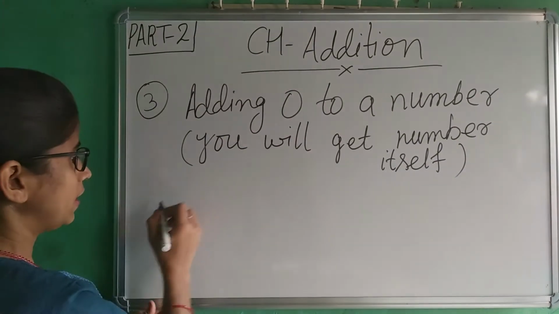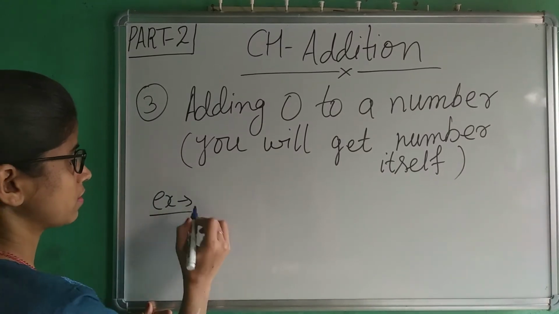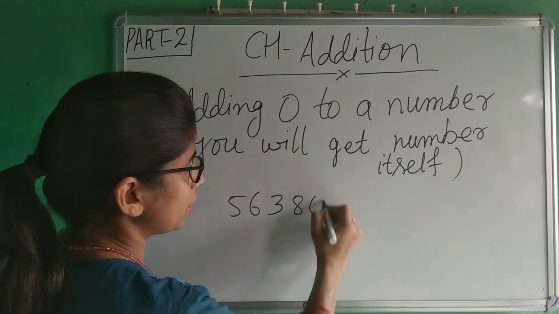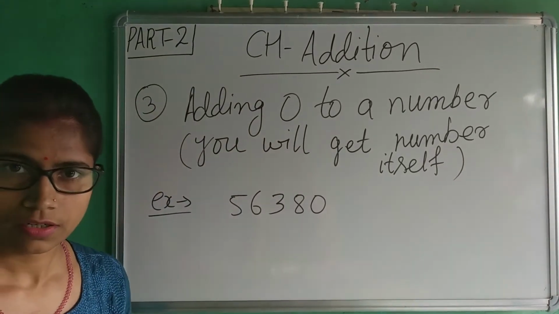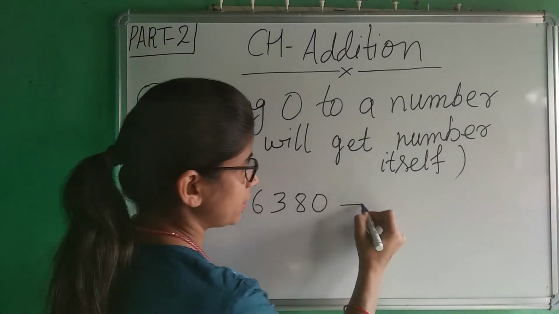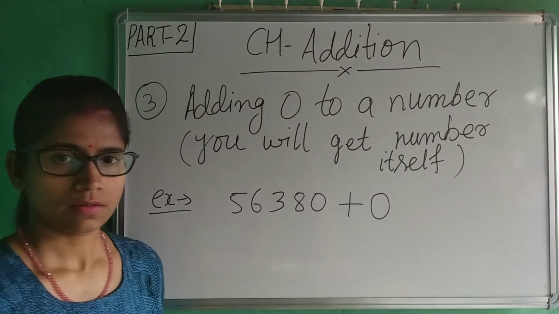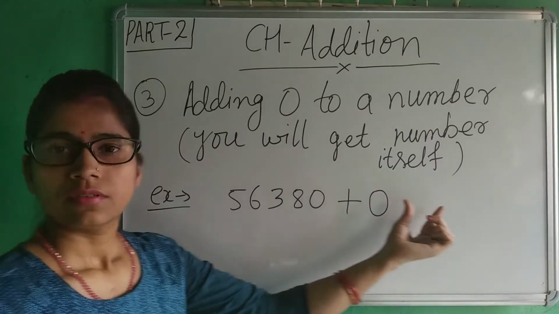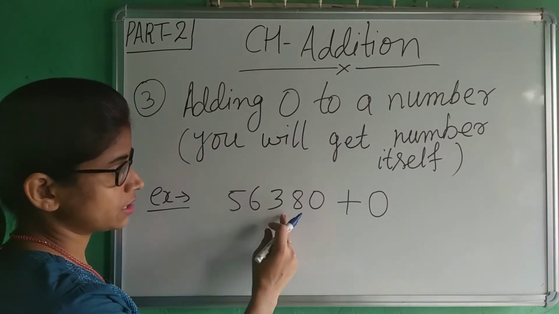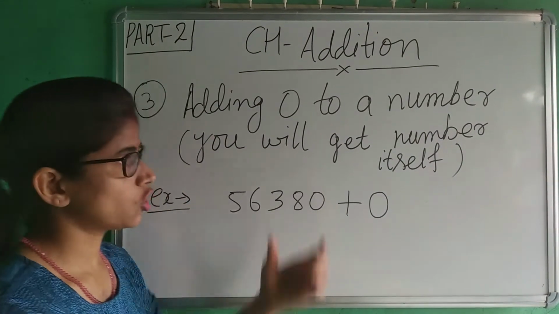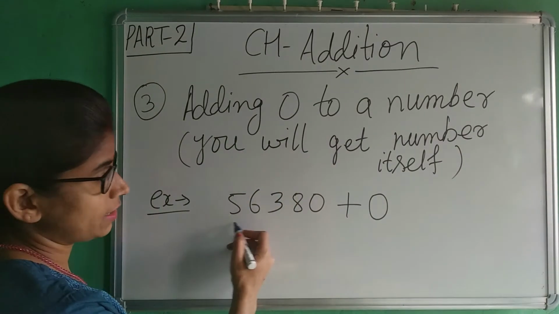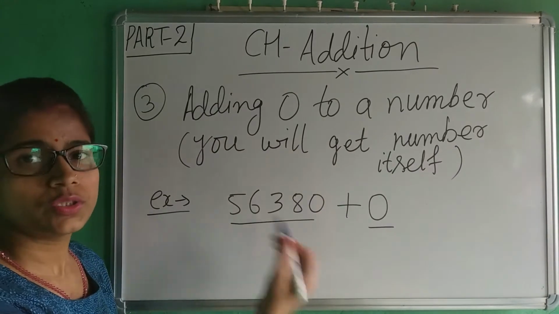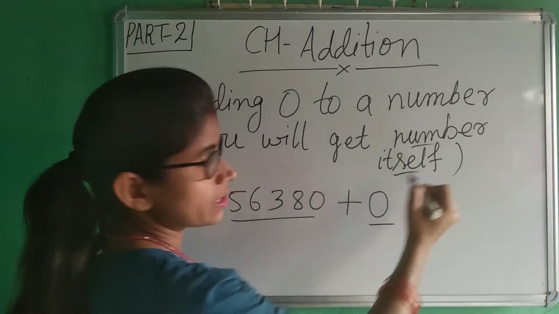Let's take one example for this. If 56,380 is your question, and you add 0 to this number, what will you get? The same number, 56,380. According to the rule, when you add 0 to any number, you will get the number itself.